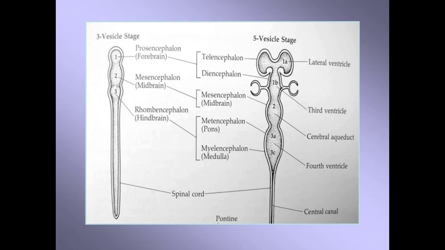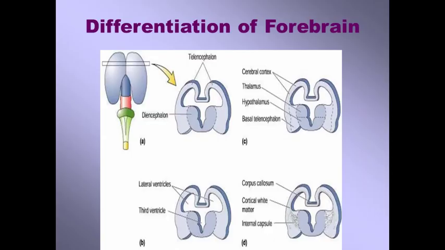So: prosencephalon forebrain, mesencephalon midbrain, rhombencephalon hindbrain. After this comes the differentiation of the forebrain, which starts to form the cerebral cortex, thalami, hypothalamus, and basal telencephalon, forming the midline structures including the major corpus callosum, and differentiation between cortical white matter and internal capsule.